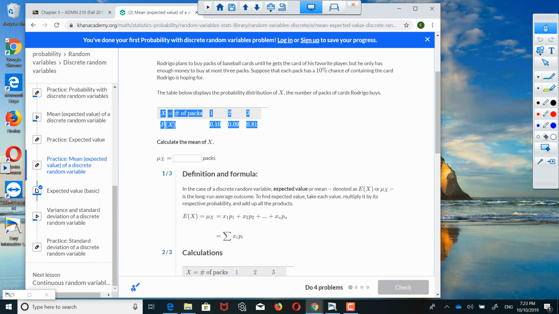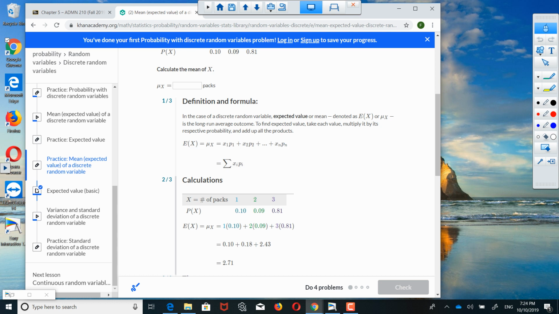Now, the problem asks for calculating the mean of the random variable x, so the expected value of x. This is a notation for the mean. So let's take a look at the equation in detail.